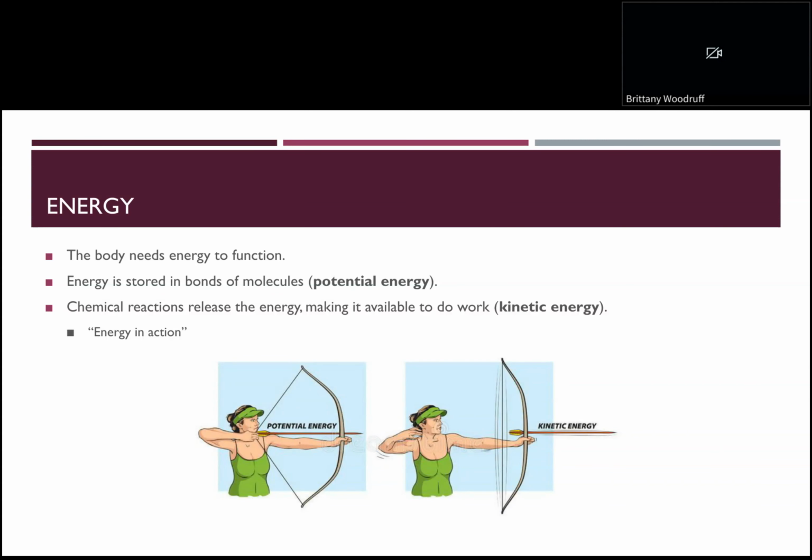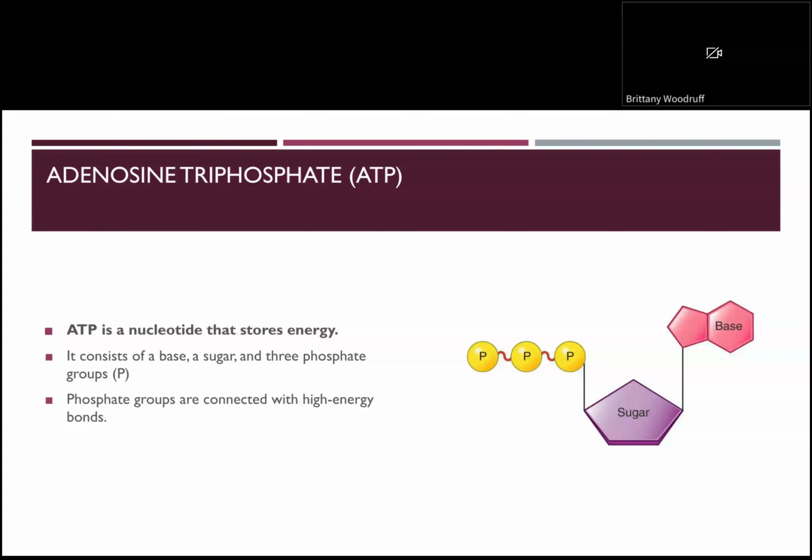Okay. The main molecule that your body uses to store this energy is going to be something called ATP. Okay. So ATP, what is it? It's a nucleotide. What does it do? Stores energy.